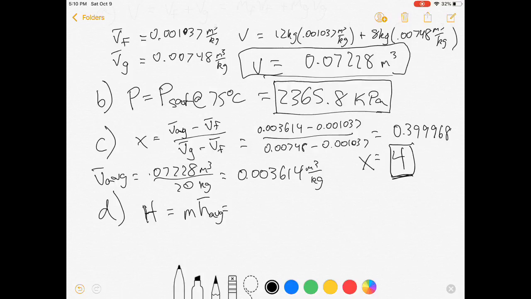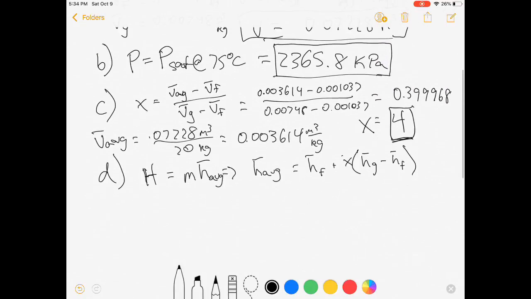The total mass times the average specific enthalpy, where the average specific enthalpy is equal to the specific enthalpy of saturated liquid plus the quality times HFG, but I like to just write it out. So that would be HG minus HF.